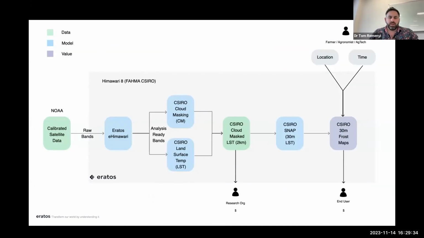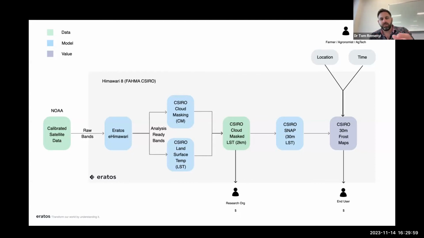So this is a bit more of a workflow of how this works. We start off with the calibrated satellite data that comes out of places like NOAA and JAXA. Those raw bands come in, and we had to build the Eratos e-Himawari data product. This is a product that was analysis ready for the other two products that I mentioned, the cloud masking and the land surface temperature.